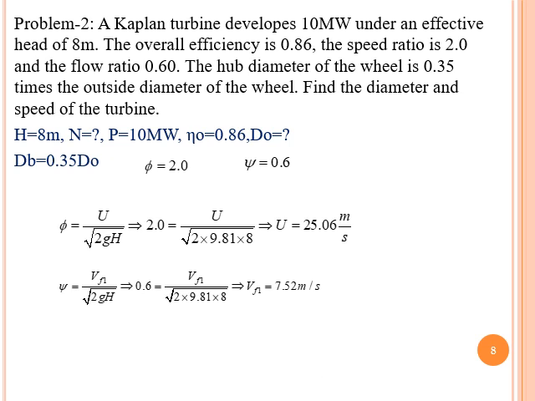From the flow ratio expression, that is Vf1 by square root of 2gH, the flow ratio is given as 0.6 and head value is 8 meters. The flow velocity is calculated, and Vf1 is equal to 7.52 meter per second.